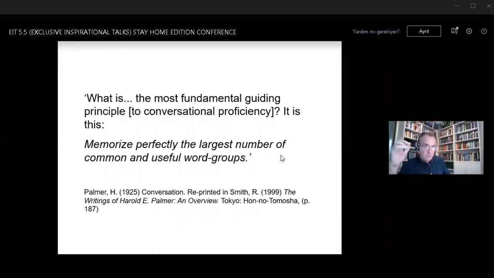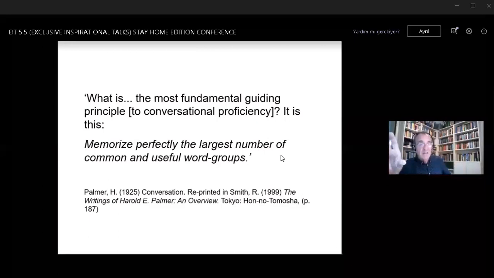That is to say, gaining access to fluency in a second language is all about having available a memorized store of common, that is to say, high frequency word groups. That is to say, not individual words, but word groups, common expressions, formulaic expressions, chunks, we can call them, whatever.